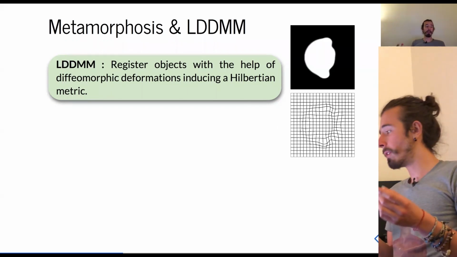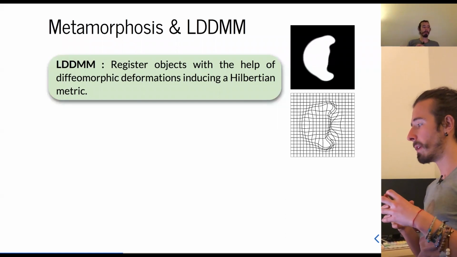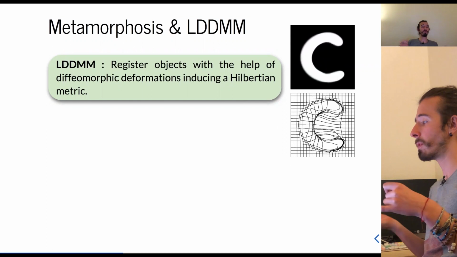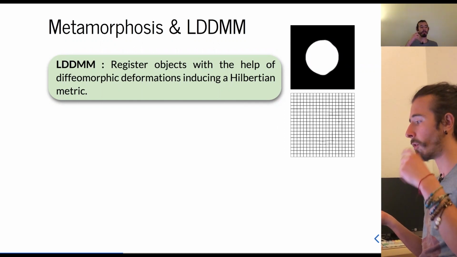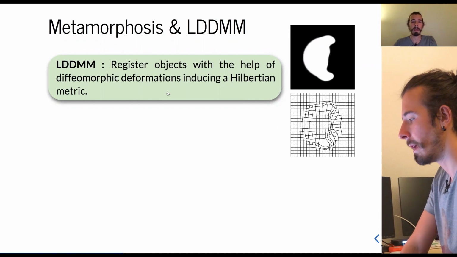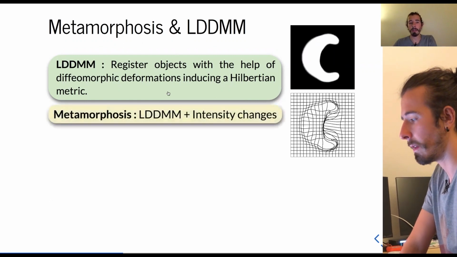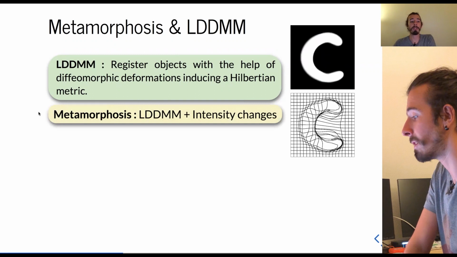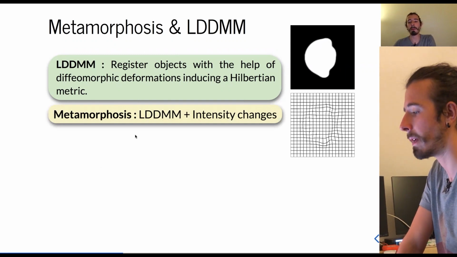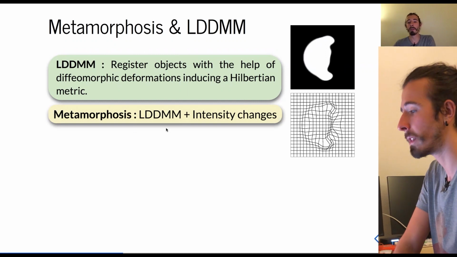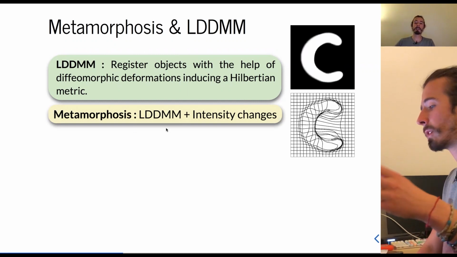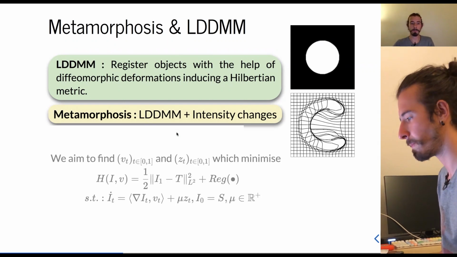It has a very interesting property to link two images by a diffeomorphism, and this diffeomorphism can be used as a norm in this diffeomorphic space, which is Hilbertian. Metamorphosis is even more interesting, as it combines LDDMM and the diffeomorphic property with intensity changes, allowing to match images with different topology.